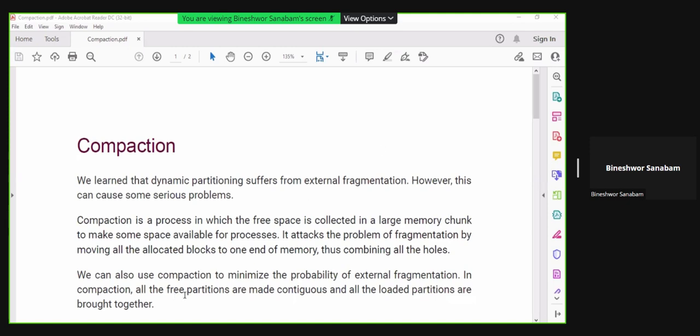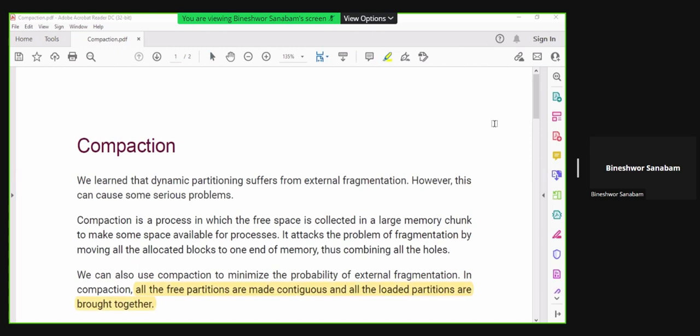As you can see here, all the free partitions are made contiguous by using this compaction, and they are loaded and brought together.